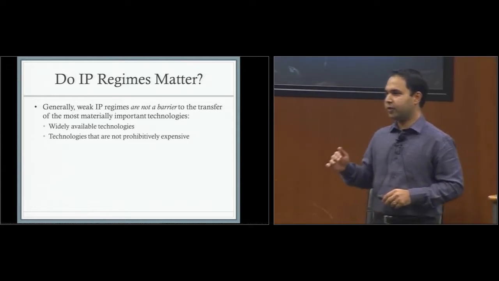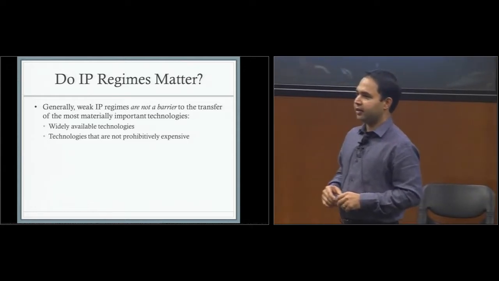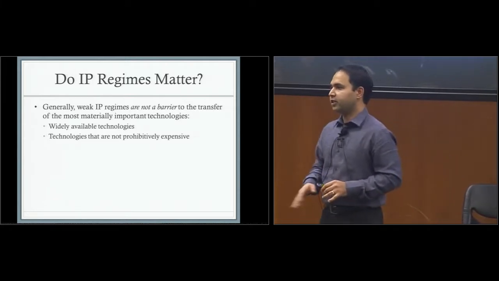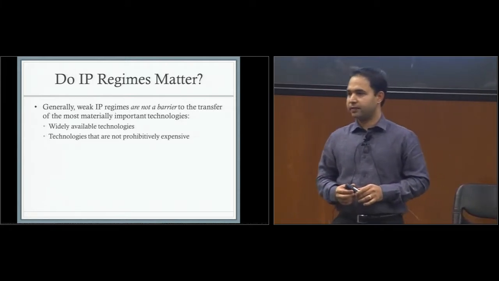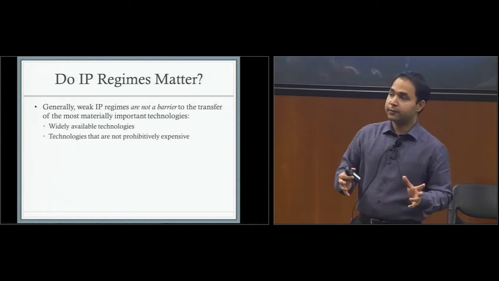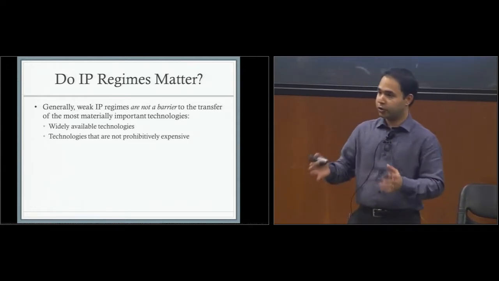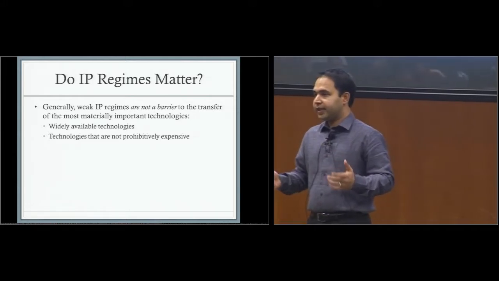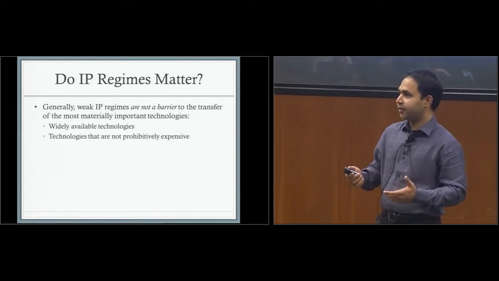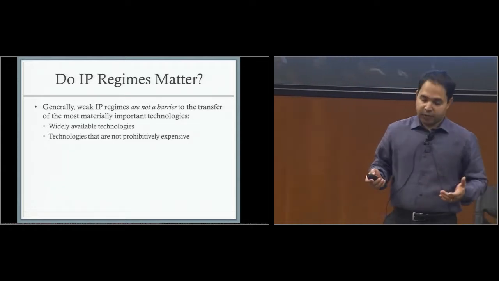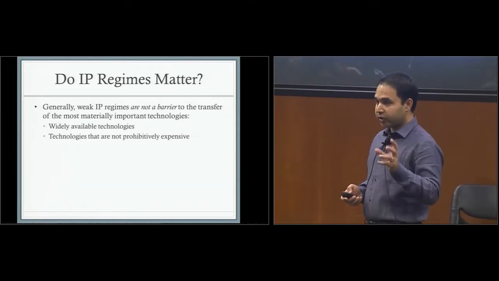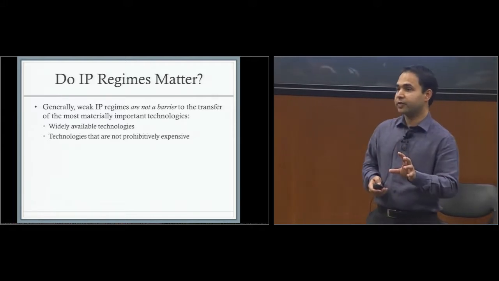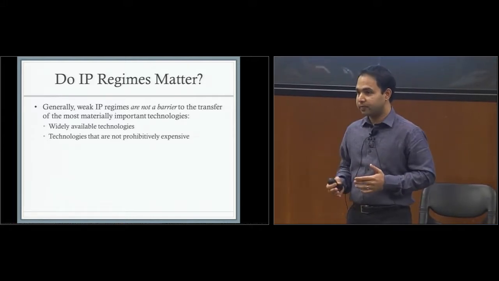If they're not deployed at scale and are expensive also in developed countries, then we don't classify them as materially important technologies. So for materially important technologies, which are mature and cheap and available at scale, and where several firms are providing that technology, IP is not a barrier. And those are actually the technologies that are very important for reducing emissions in the near to mid-term, right?